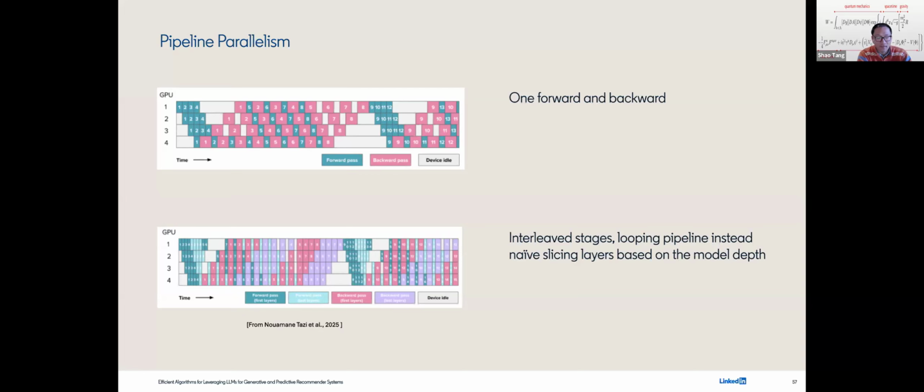Here, instead of naively scattering the layers across different GPUs, we can have a smarter way of distributing layers across GPUs. In this case, we have both the first layers and the last layers on GPU 1. So it will run in a circle so that the bubble can be further reduced.